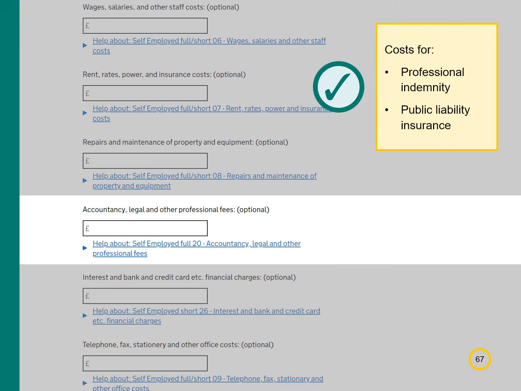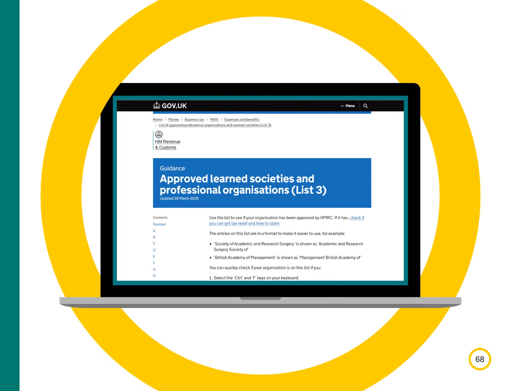Other professional fees, such as professional indemnity and public liability insurance, are also allowable expenses you can include here. If you belong to a professional or trade body, then check List 3 on the gov.uk website to see if it's an allowable cost you can include.